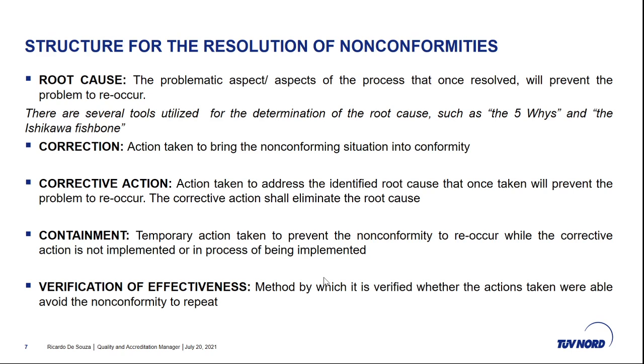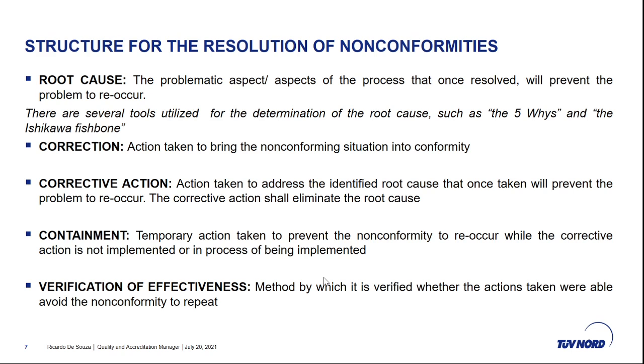Then, once we identify the root cause, we of course need to do the correction of the problem. The correction is the action taken to bring the nonconforming situation into conformity. So it's a fix. Now, the corrective action is different from correction.